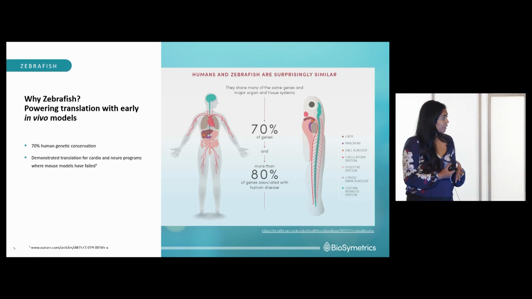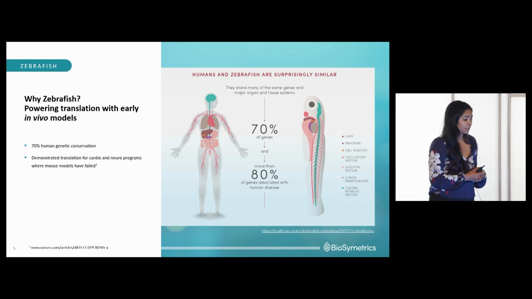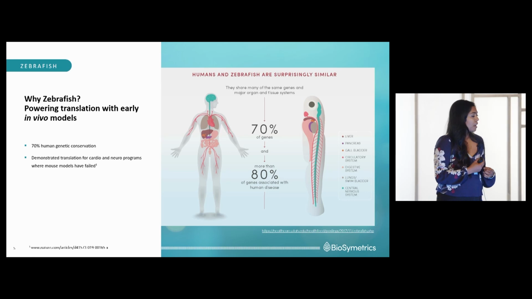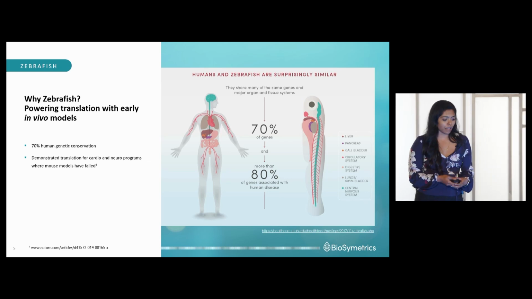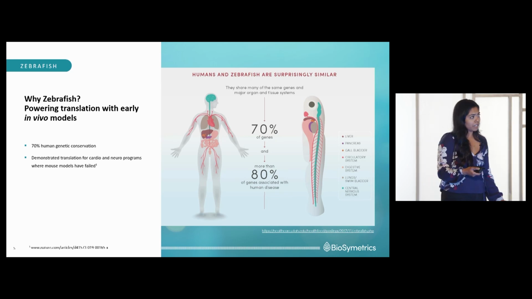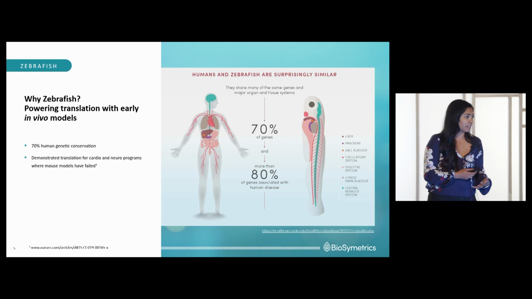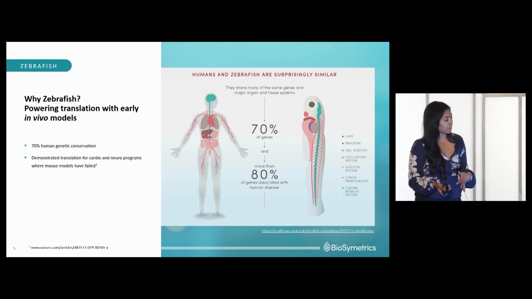In the literature as well, you can also see that there is a lot of translatability between cardio and neuro programs within zebrafish and humans, whereas the mouse model has indeed failed. So all of this in combination makes zebrafish a great model organism for us to look at, specifically for cardiovascular purposes.